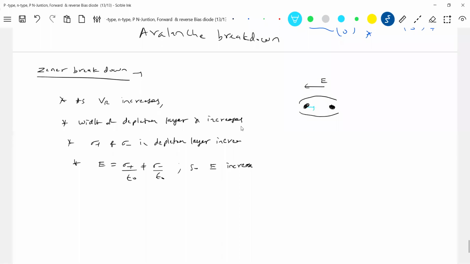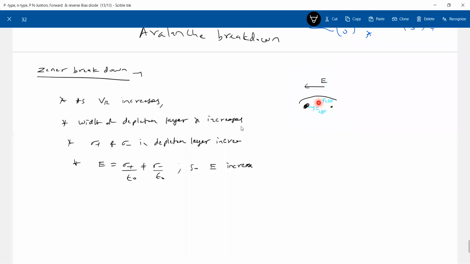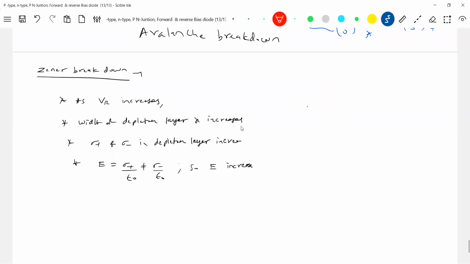I'll show the covalent bond force by this one. Now this electron will experience a force. I think I have to draw a bigger diagram. It's just a diagrammatic explanation to make you understand.